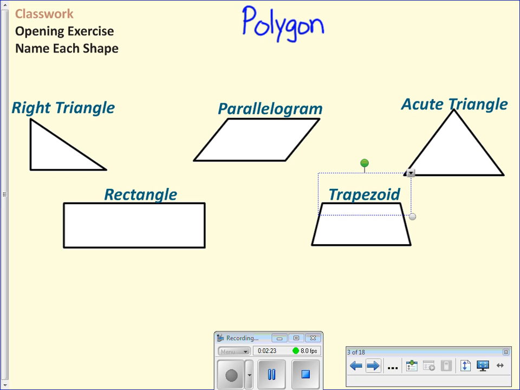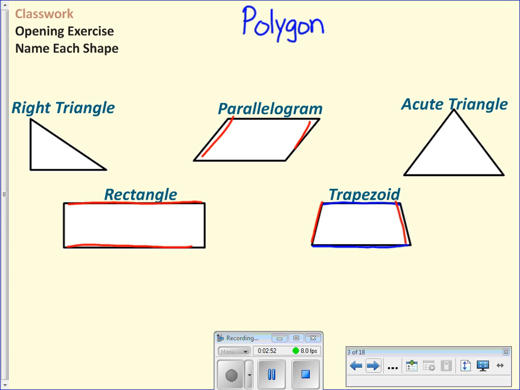There's a reason why they're different lengths, but that's not why that's called a trapezoid. Well, this side is parallel to this side, but the other set of sides are not parallel. So the trapezoid has only one set of parallel sides, where the rectangle has 2 sets of parallel sides.